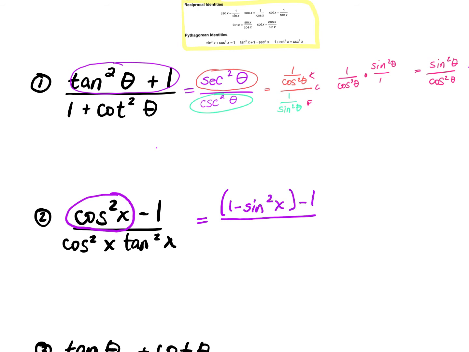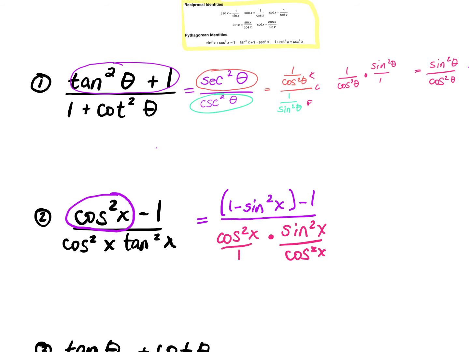And then I still have my minus 1. Now on the bottom, I'm just going to keep cosine. I'm not going to do anything with cosine here. And then what can I change tangent into? Sine over cosine? All right, we're good? We okay so far?